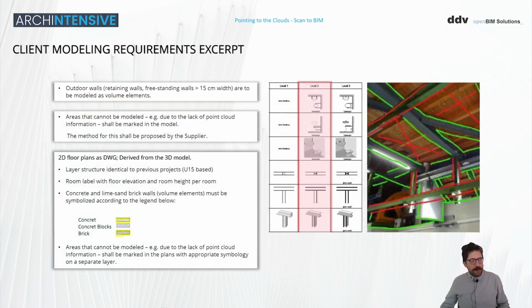This is another example of how these requirements come from our client. This is an excerpt. For example, here you can see how this particular client is requiring outdoor walls, retaining walls, freestanding walls bigger than 15 centimeters width to be modeled as volume elements.